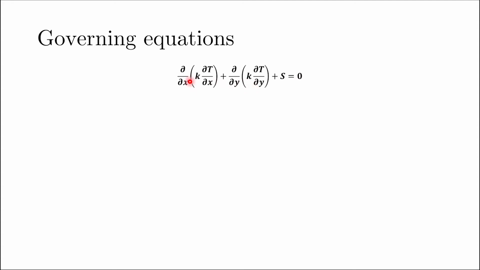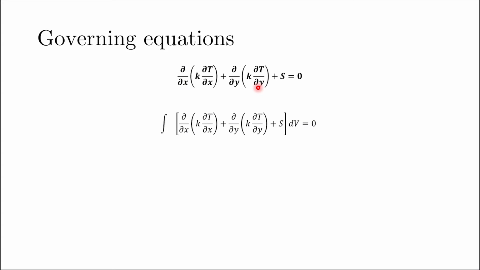This is nothing but the two-dimensional representation of the conduction or diffusion terms. Now, in order to apply the finite volume principle, the idea remains the same: we take this governing equation and integrate it over the finite volume. If we do that, it simply means that the volume integral of the entire quantity is equal to 0.